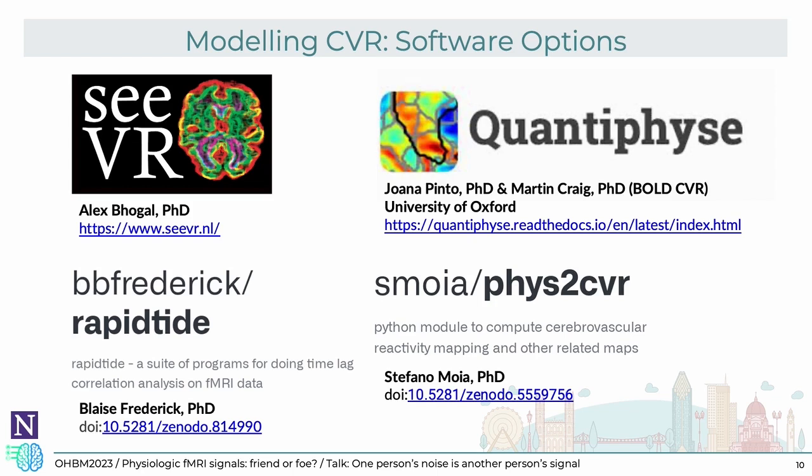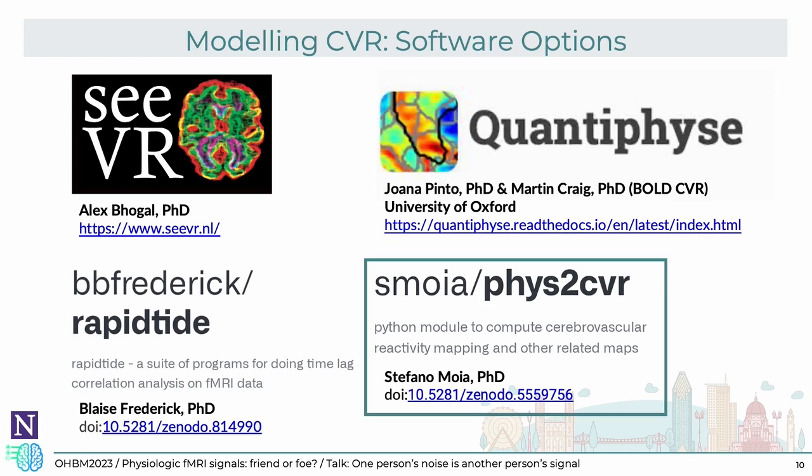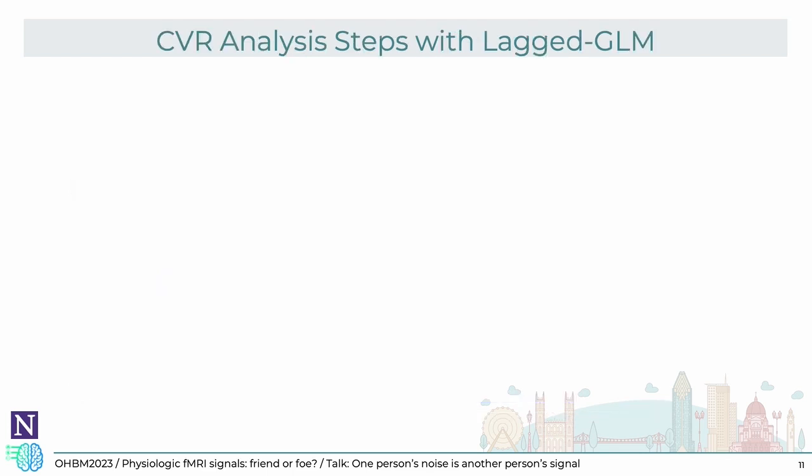The analysis steps to run the lagged GLM involve first pre-processing the fMRI data using standard pre-processing techniques, and then preparing the end-tidal CO2 reference signal. This involves first extracting the end-tidal peaks from the CO2 trace, then convolving this end-tidal CO2 time series with the hemodynamic response function.